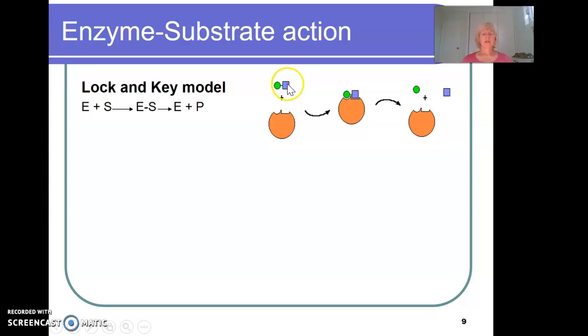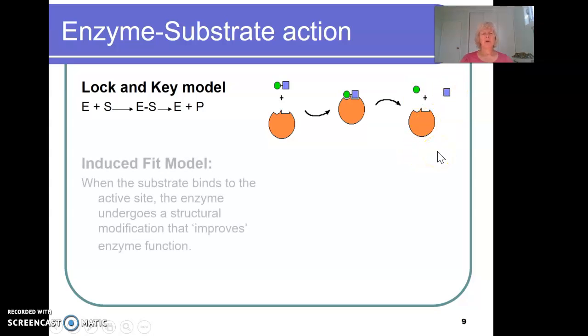So this substrate here fits perfectly into the so-called active site. So this here is the active site, and you can see how it fits in. And we say it fits like a key into a lock, and therefore it is called a lock and key model. And then the enzyme puts it under tension, and then the two molecules break apart.